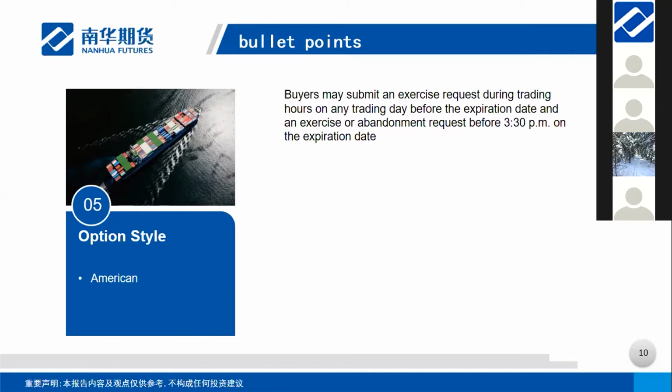So for our INE crude oil option contract, buyers may submit an exercise request during trading hours on any trading day before the expiration date, and an exercise or abandonment request before 3:30 p.m. on the expiration date.